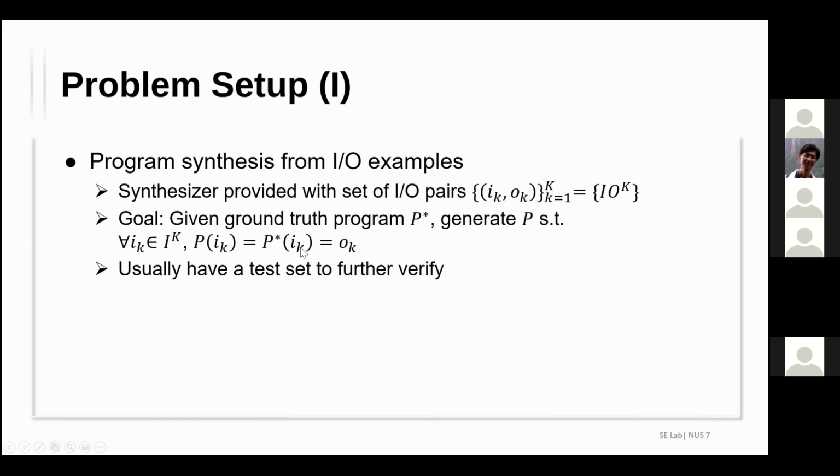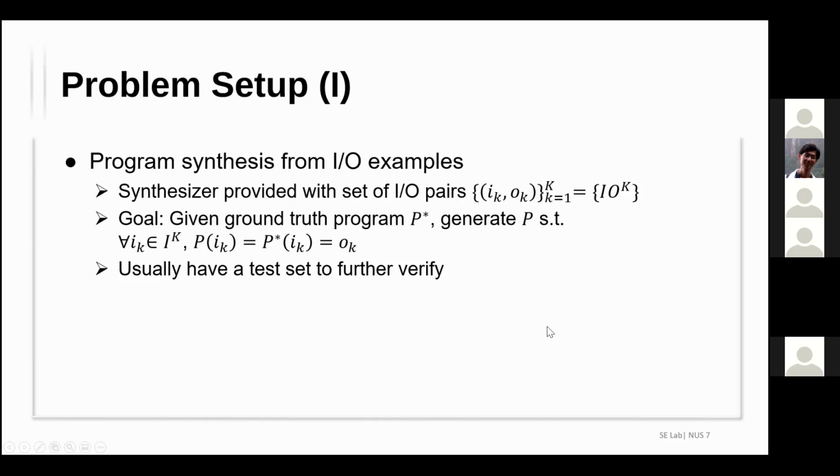The ground truth program itself must be able to produce all the outputs correctly. If there's no ground truth, then maybe the input-output pairs are not valid.